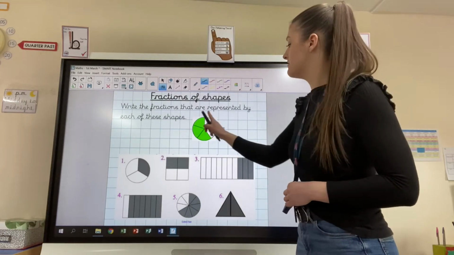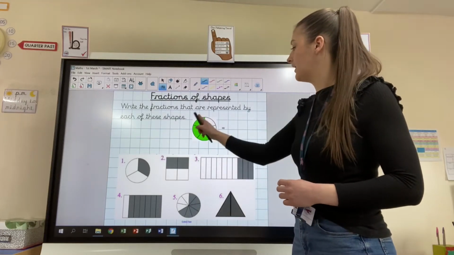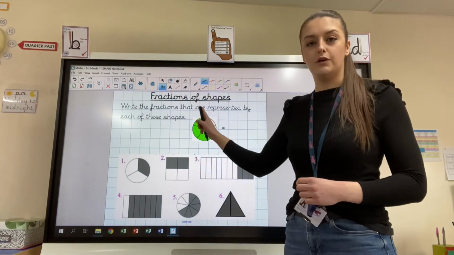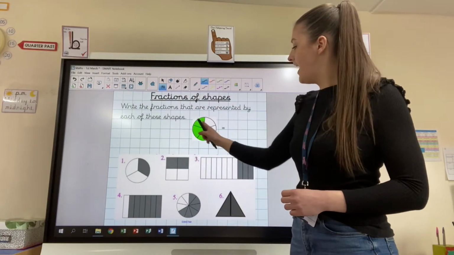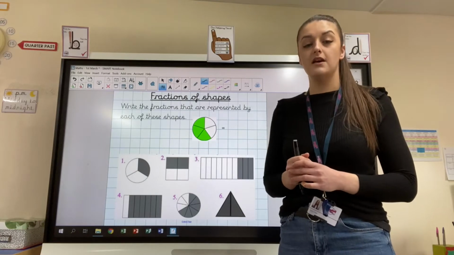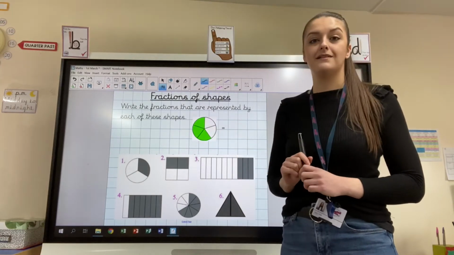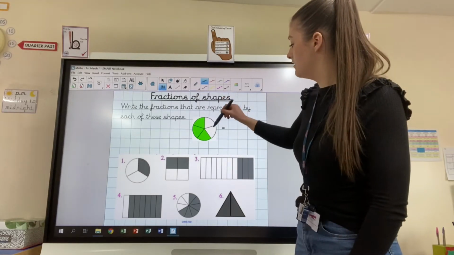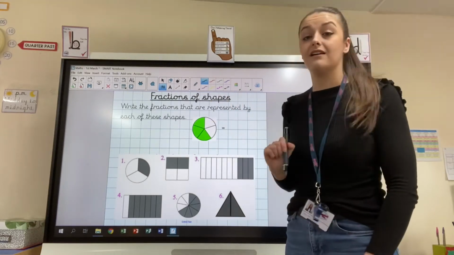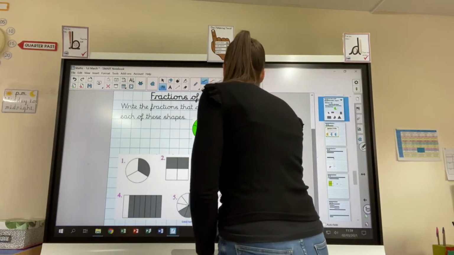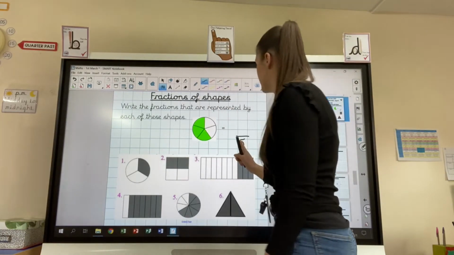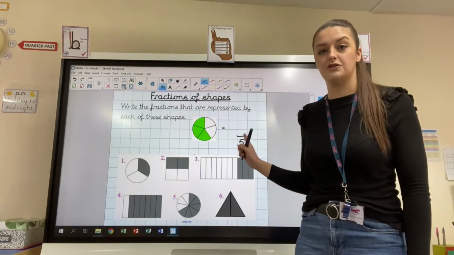So if I have a look at this shape, I've got the whole circle. But you can see my shape has been split into parts. So I'm going to count first how many equal parts this shape has been split into. So that's 1, 2, 3, 4, 5. And that's going to be my denominator because the shape was split into 5 equal parts to begin with.